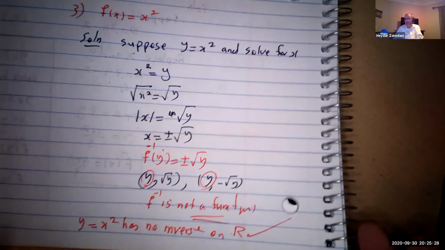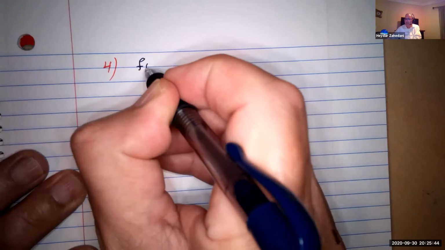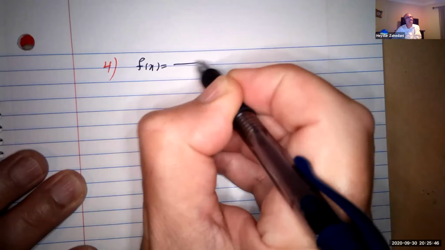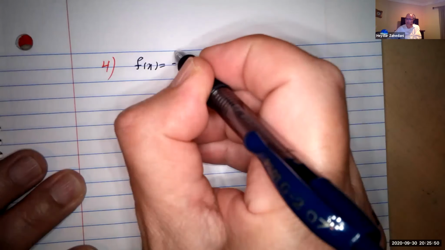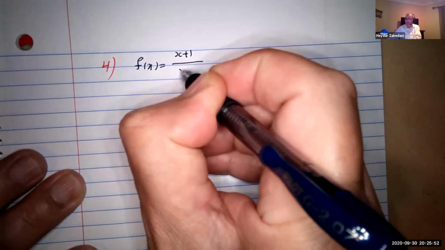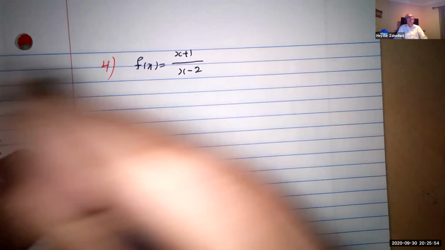Let's check number 2, 3. Let's check this one. This is in your book. Very popular function. So this is it. F of x is equal to x plus 1 over x minus 2.